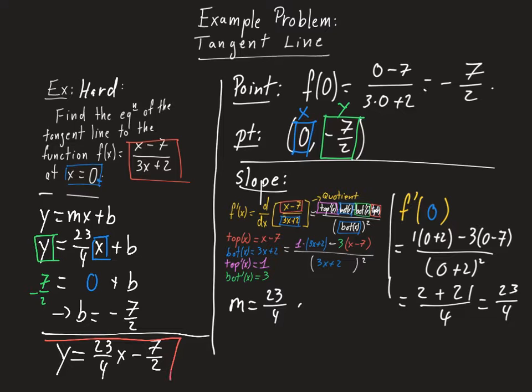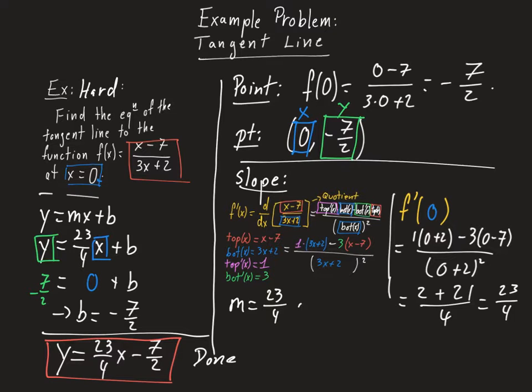This is the equation of our tangent line. Okay, so long story short, the equation of the tangent line to the function f of x equals x minus 7 divided by 3x plus 2 at x equals 0 is given by y equals 23 over 4 x minus 7 over 2.